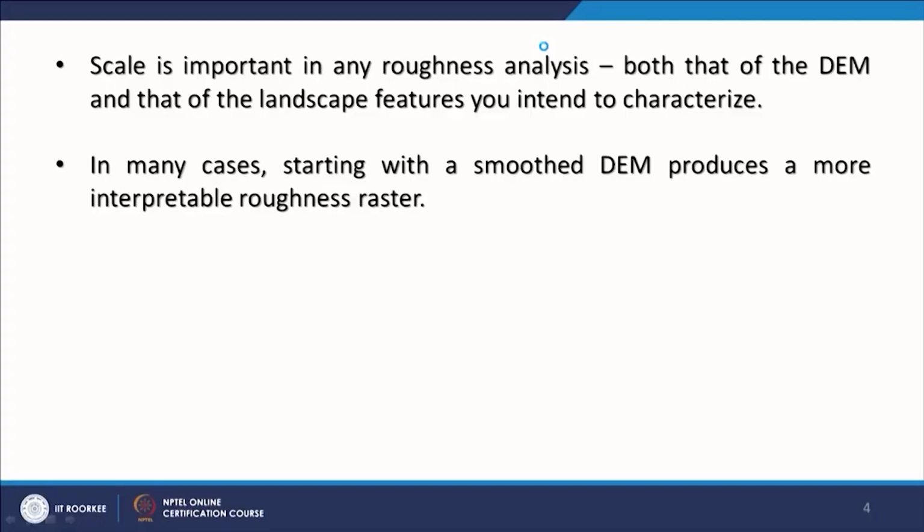As you know, in many cases we start with a smoothed DEM, like a best fit line in linear or 2D terms, or as in the topographic profile we have just discussed. A smoothed DEM produces a more interpretable roughness raster.